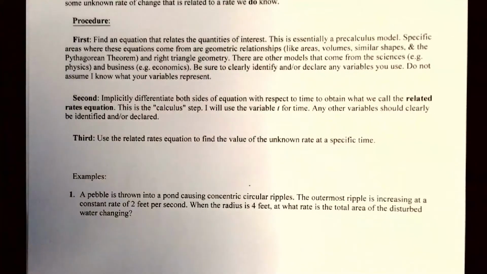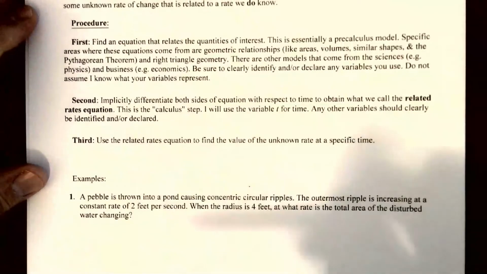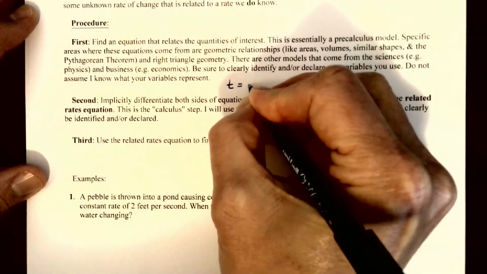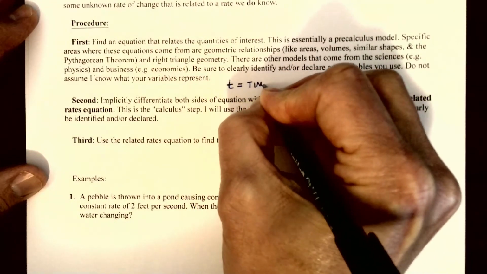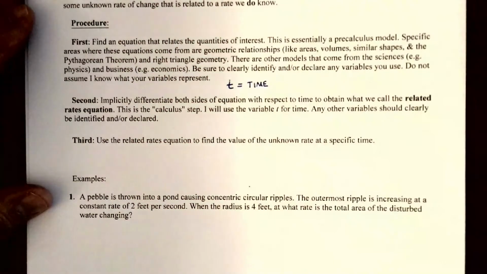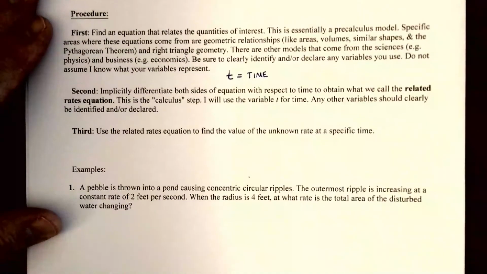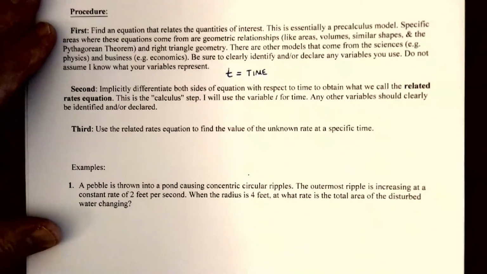The one exception we will see is that we will universally use the letter T to represent time, and that will always be the case. A lot of times the quantities that we deal with are changing with respect to time.